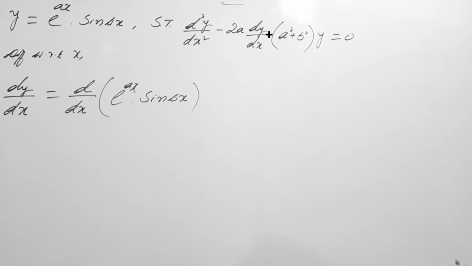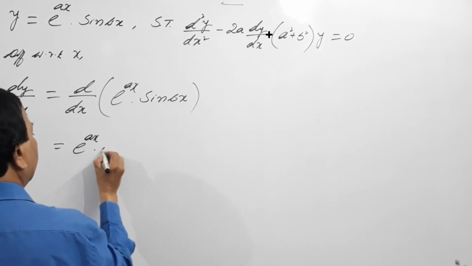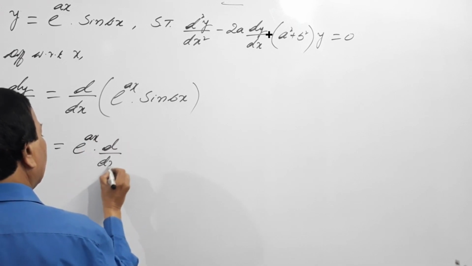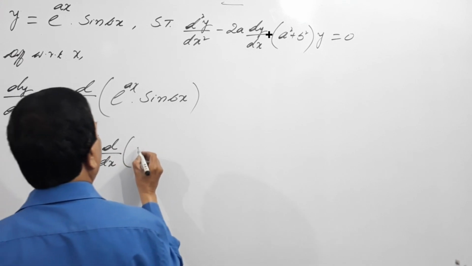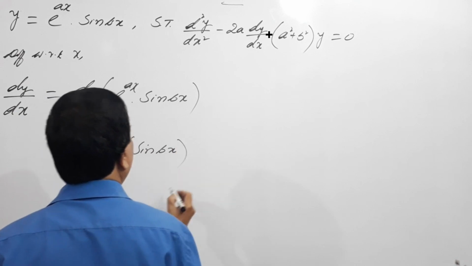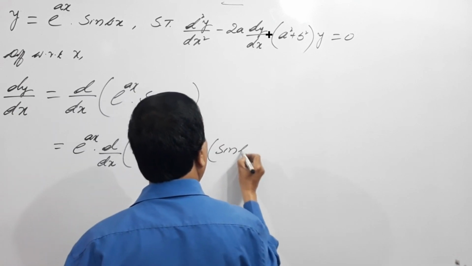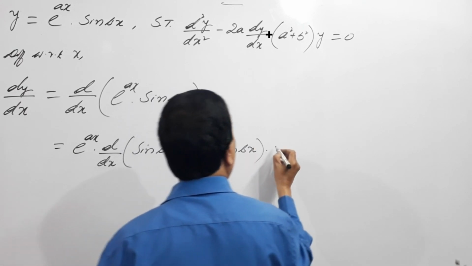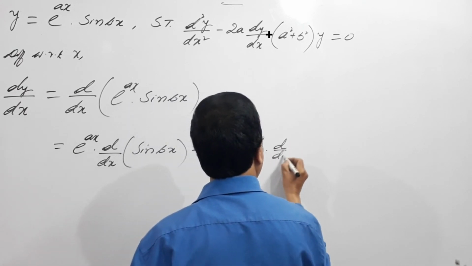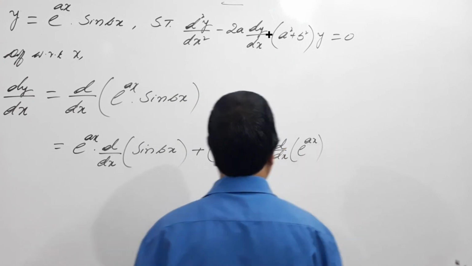So let's see this product rule: the first function I will keep as it is, d by dx of sin bx, plus sin bx into d by dx of e to the power of ax.